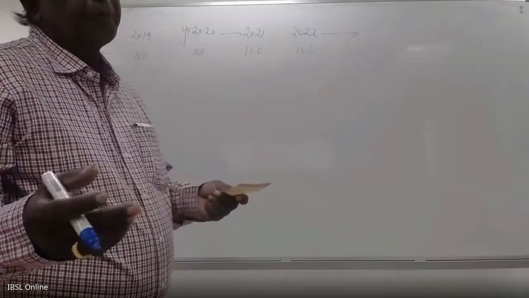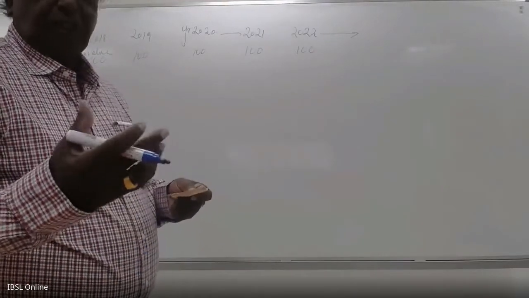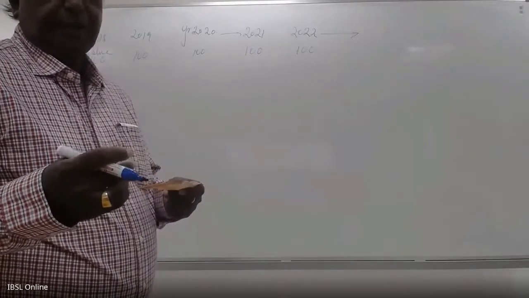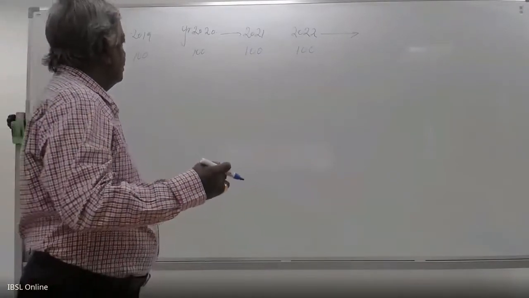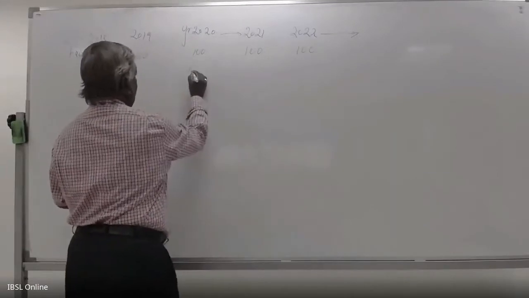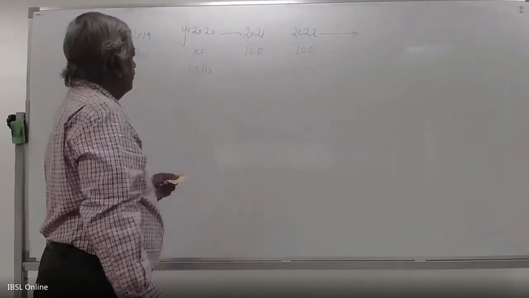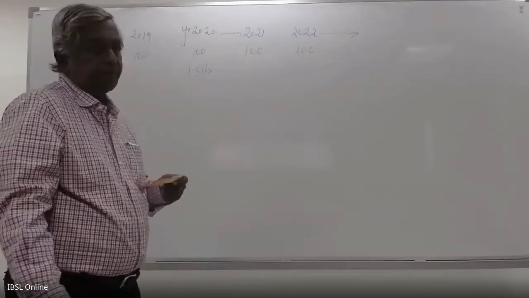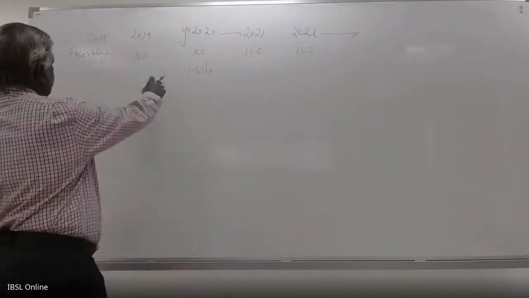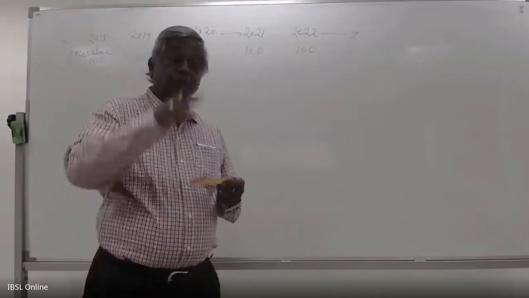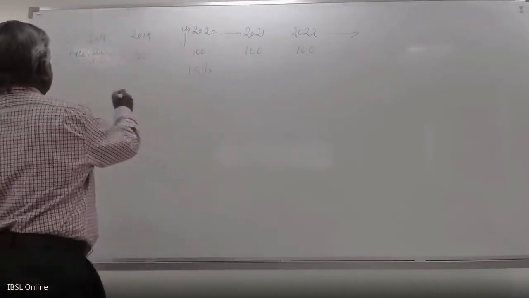With this 100 rupees, now a pound of bread is 60 to 65 rupees, so we can buy about 1.5 pounds of bread. In 2018, a pound of bread was 50 rupees, so we would have bought about 2 pounds of bread.